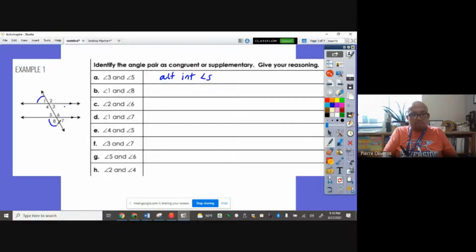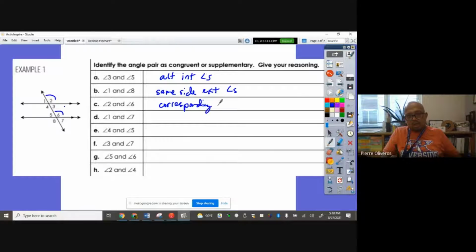They're both on the same side of the transversal. They're both exterior, so it's going to be same side exterior angles. 2 and 6, they're both the top right on both sections, so this will be corresponding angles.